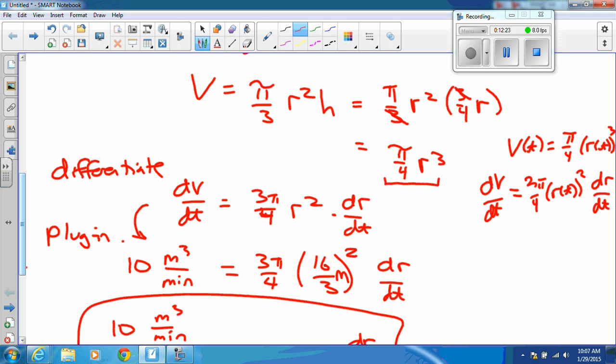So when I take the derivative with respect to time, I have to think of r as a function of t, exactly like I have here, which means I have to think outside-inside chain rule. The outside is r cubed. The inside is r. I got that part, but for the other side. Oh, where we took the derivative of V with respect to time. So when you take the derivative of V with respect to time, you get dV/dt. Okay, I see. I see what it is.